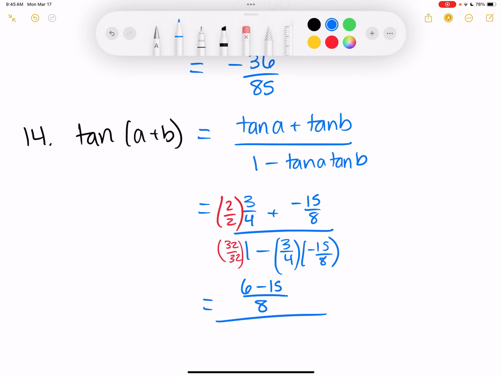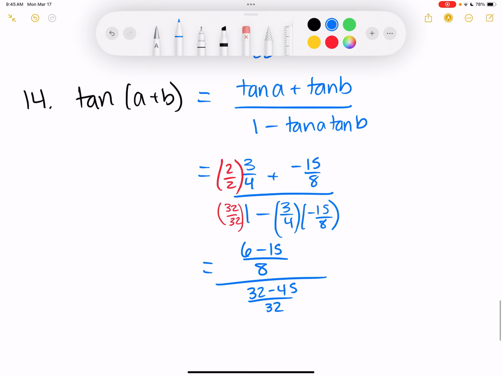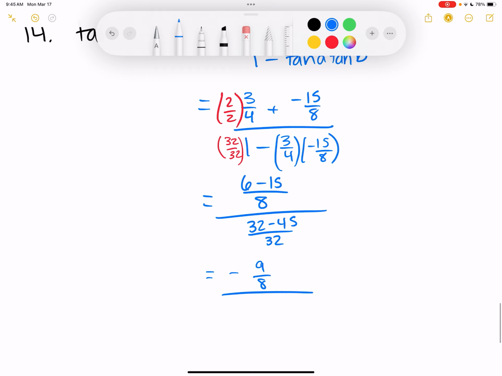So 32 minus 45 over 32. And then is that negative 9 over 8 all over negative 13 over 32? Wouldn't the bottom be positive? Yep.